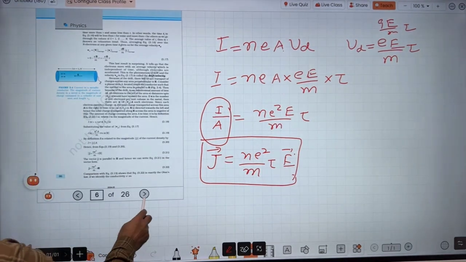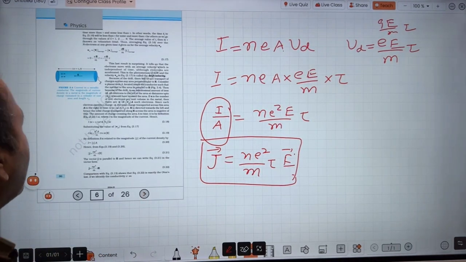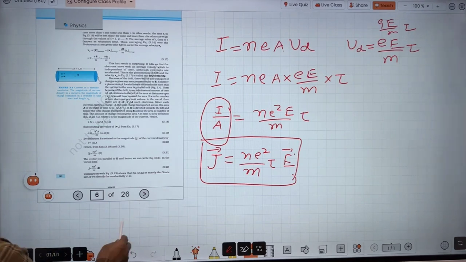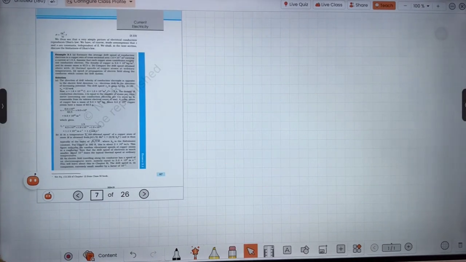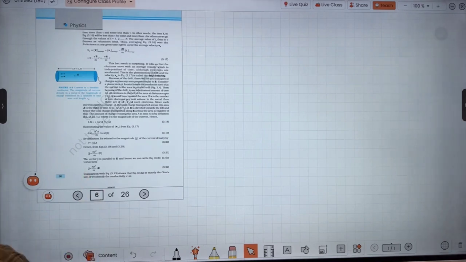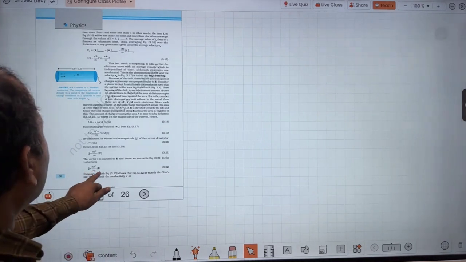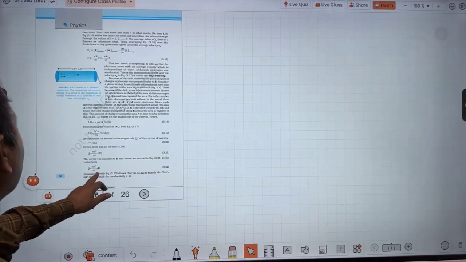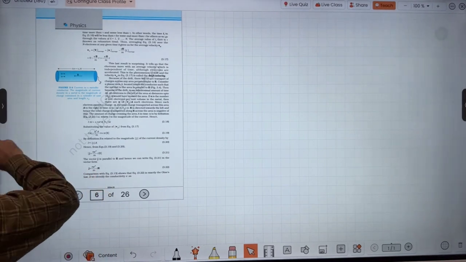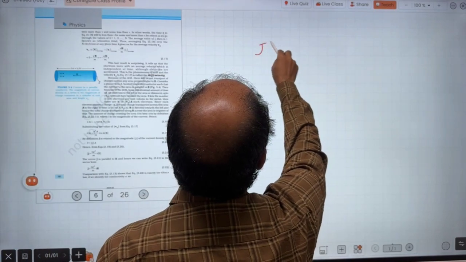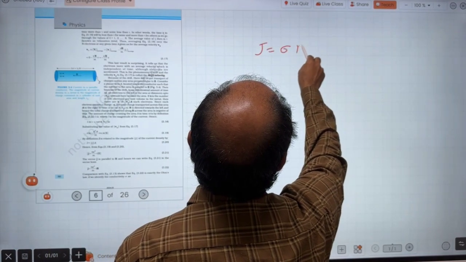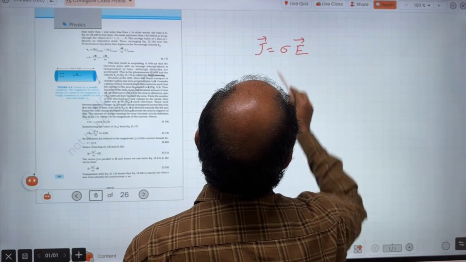Now, in terms of conductivity also we can write. The previous relation, as we have seen here, is J equal to n e square upon m times tau times E. And we have derived the relation J equal to sigma times E, if you remember Ohm's law.